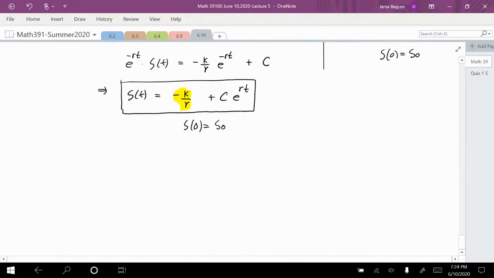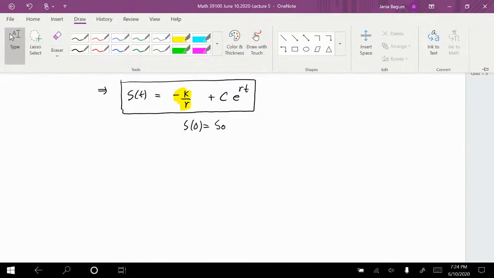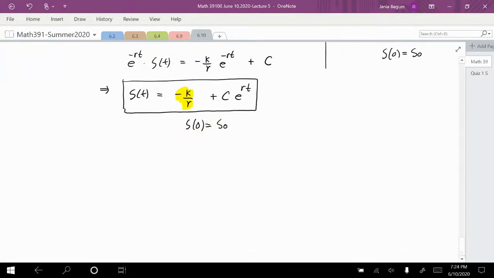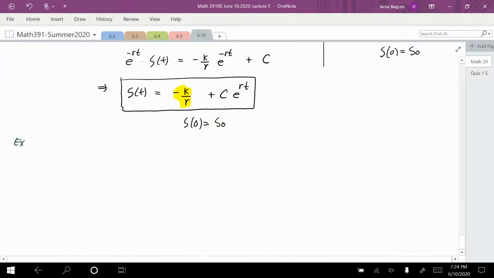Okay. So let's work through an example. So here's our first example for compound interest.